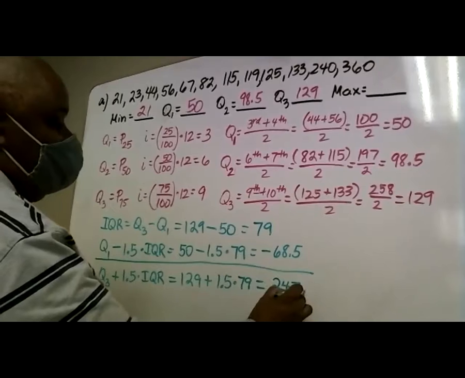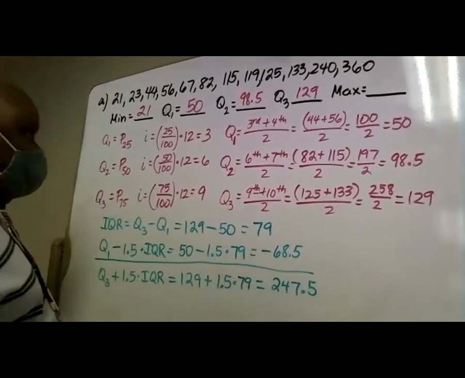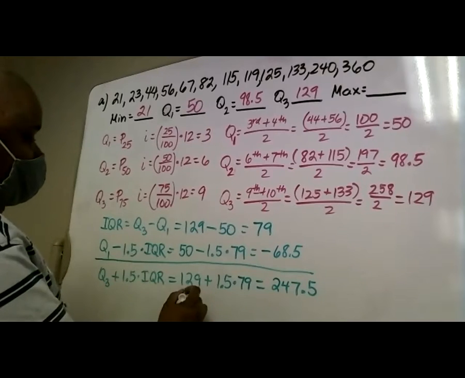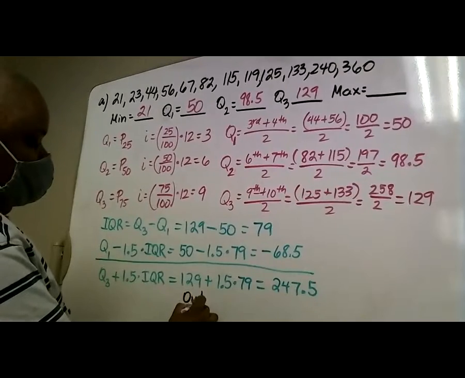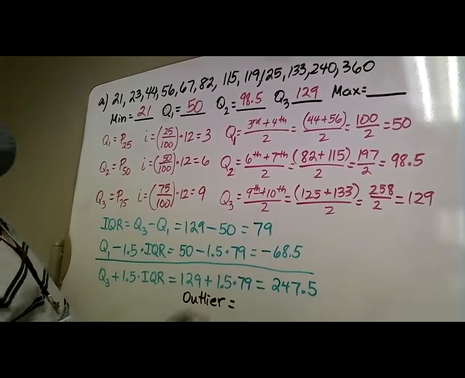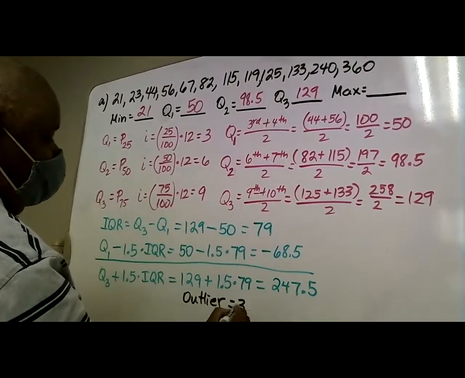Yeah, 247.5. Now we need to find out what data values are greater than 247.5. 360 is the only data value that's greater than 247.5. That means our outlier is 360.